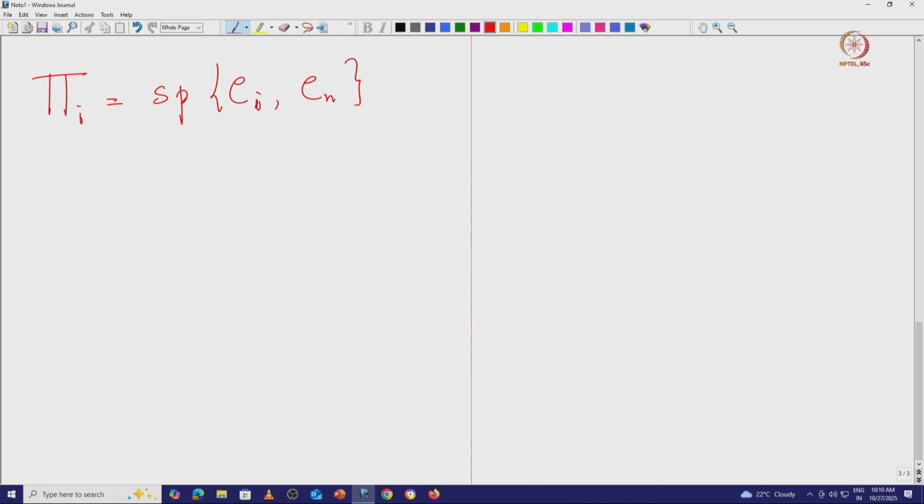Remember En was just xp, right, where i goes from 1 all the way up to n minus 1. Okay, so this is a useful proposition if you want to calculate the Ricci curvature, and it also tells you explicitly how the Ricci curvature depends on the sectional curvature and on the curvature tensor.